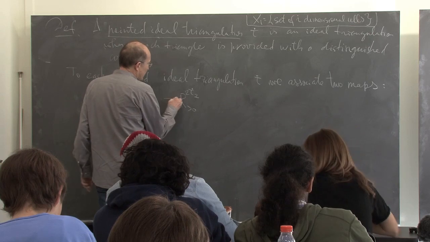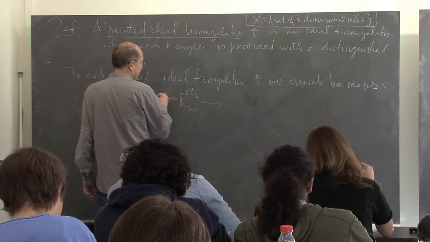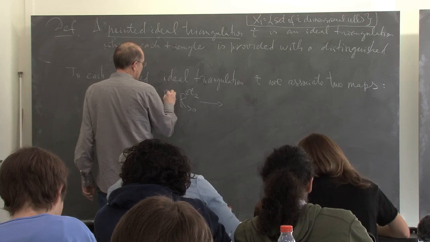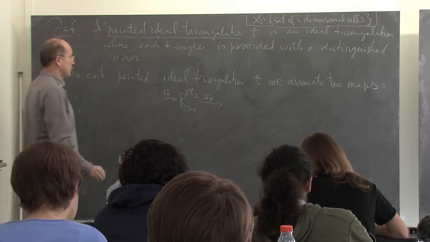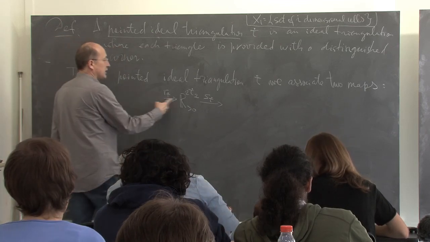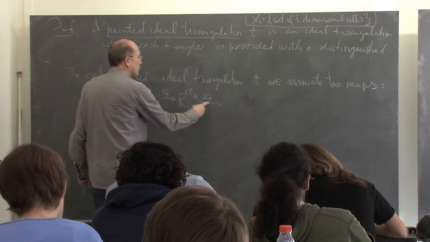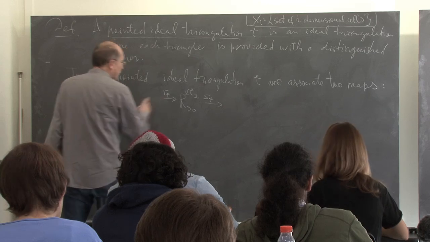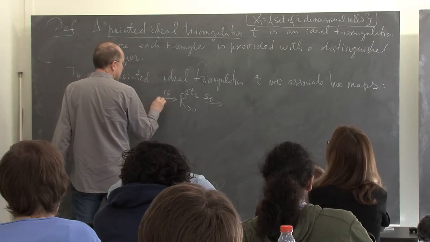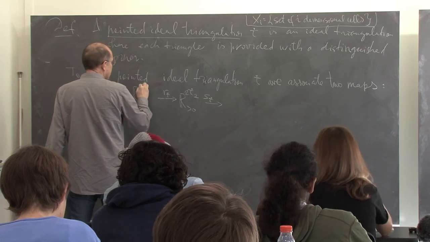And now we have two functions which we call R tau dot and S tau dot. So for one function, it is a target space. For another one, it is a source space. And for the first map, so what is a source space? It is a set of positive numbers on edges.